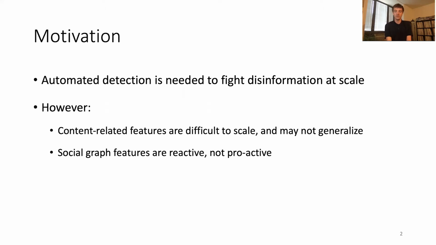Similarly, features that focus on the style that an article is written in may not generalize beyond a single dataset. Lastly, automated methods that focus on social graph features are reactive in nature and not proactive. Ideally, we would like to be able to stop disinformation before it spreads in social media. So if we rely on features related to how a particular post or article is spreading, the damage may already be done.